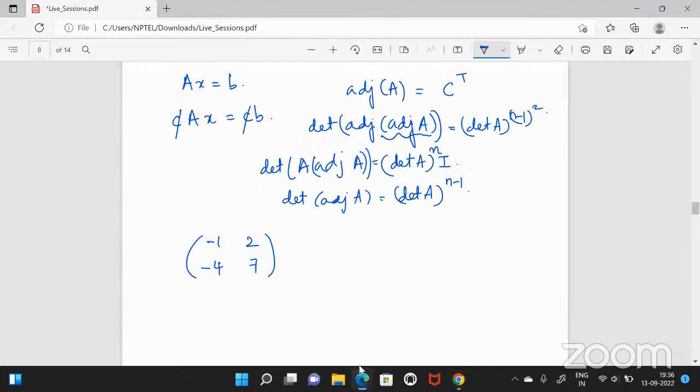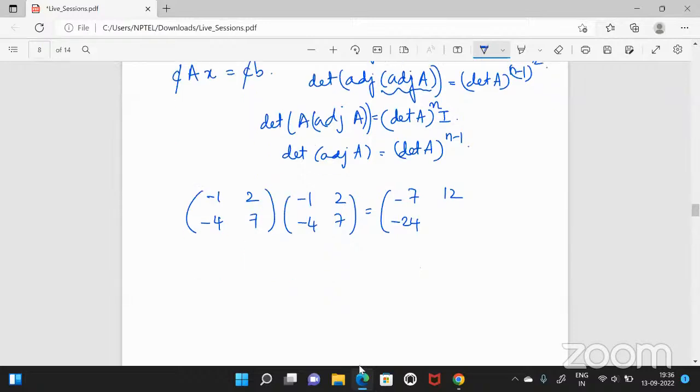Minus 1, 2, 4, minus 4, 7. 1 minus 8, minus 2, 14, 4 minus 28, minus 8, 49. So it's 7, minus 24, 12, and 41. Okay, fine. And then you have to add minus alpha A. So minus alpha A.